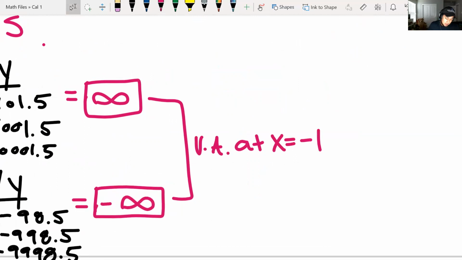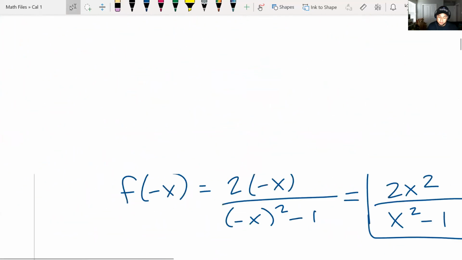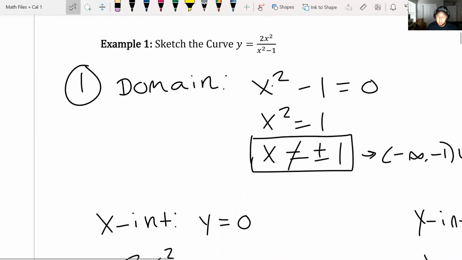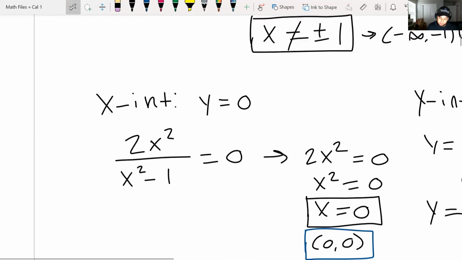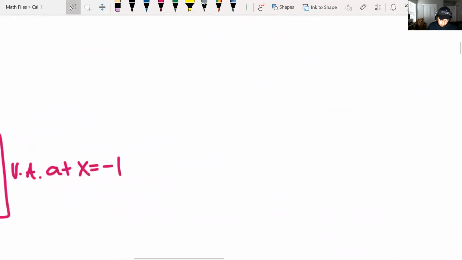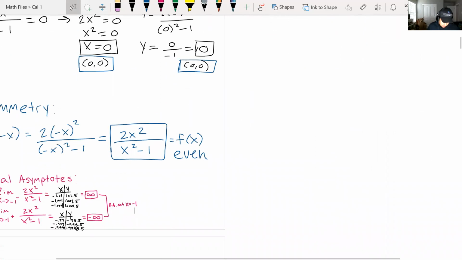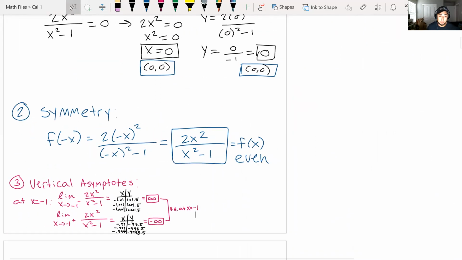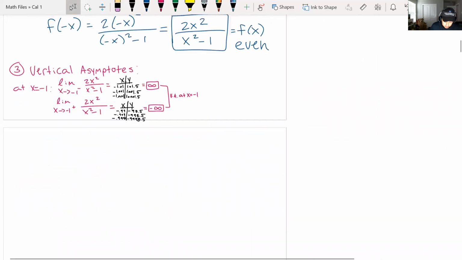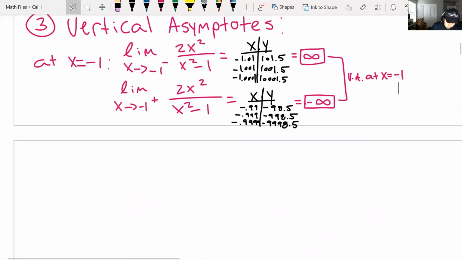Okay, now let's do it at the other x value where we don't exist. The other x value is +1. So let's do it again. Sorry, I wrote way too big the first time, so I'll just do it here and be really small. Okay.